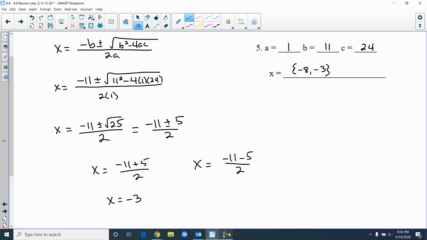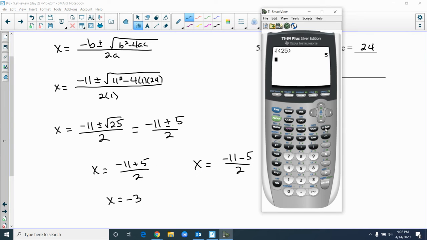Now, here's where I see some people make mistakes. If you just type in negative 11 plus 5 divided by 2, it gives me negative 8.5. That is not the answer I got here. If you use your calculator, which you should, here's what I suggest you do. You either need to put the numerator in parentheses, or just do negative 11 plus 5, hit equals.